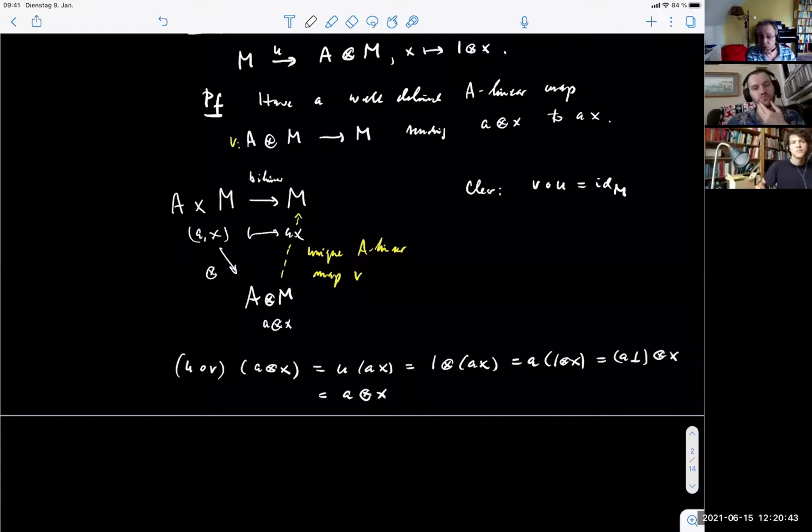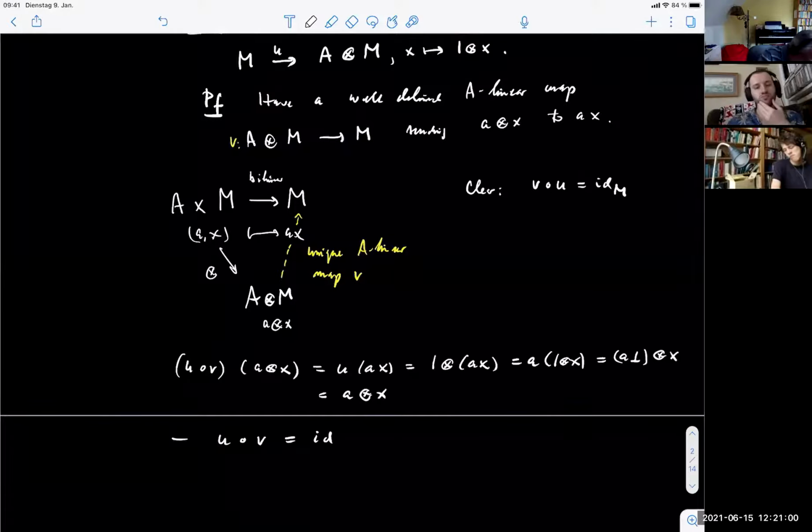So what I have shown is that U tensor V, U composition V, behaves as the identity on the generators. But because these are generators, I get this, since the A tensor X generate this.